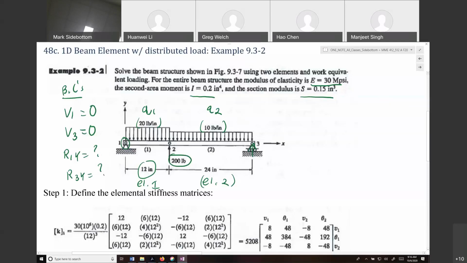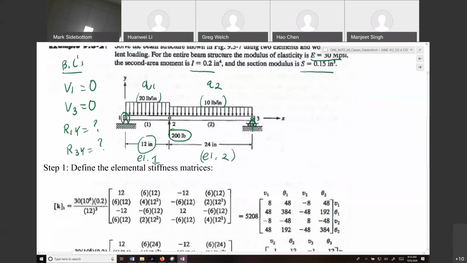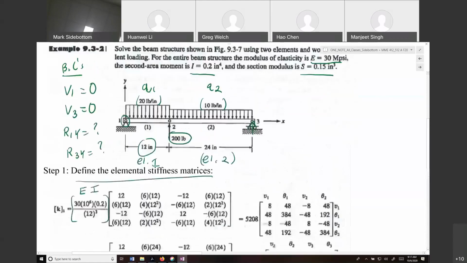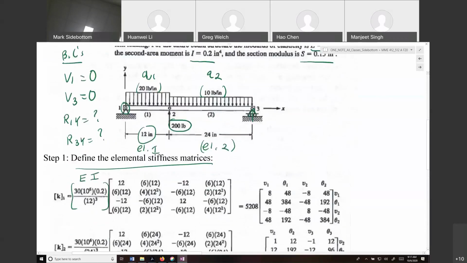Right? So first thing we're going to do is define our elemental stiffness matrix for element 1 and for element 2. For element 1, this term out in front is just equal to the elastic modulus of the beam times the moment of inertia of the beam divided by the length of the element cubed.